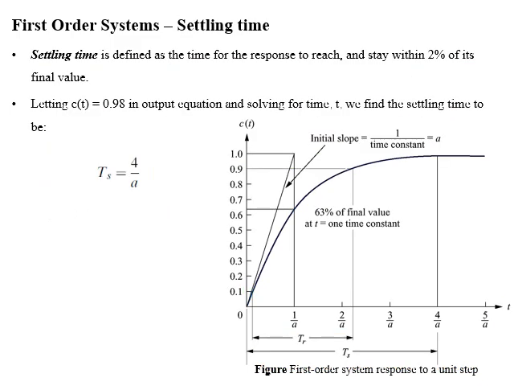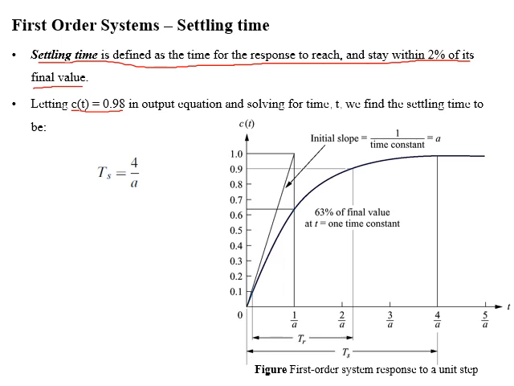Dear students, the second transient specification of the first order system is settling time. Settling time is defined as the time in which the response of the system reaches and stays within 2% of the final value. For instance, if the final value is equal to 1, the moment the system response reaches 0.98 and stays within the limit, this will be known as settling time.